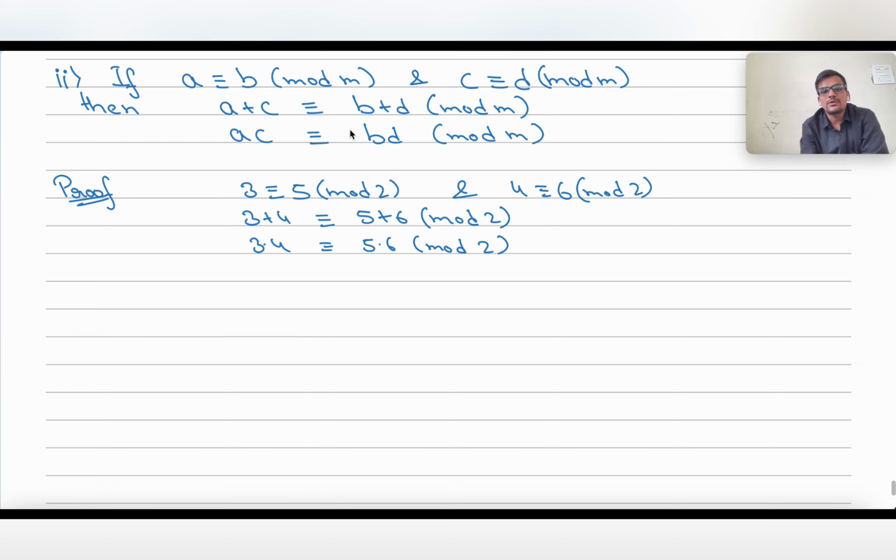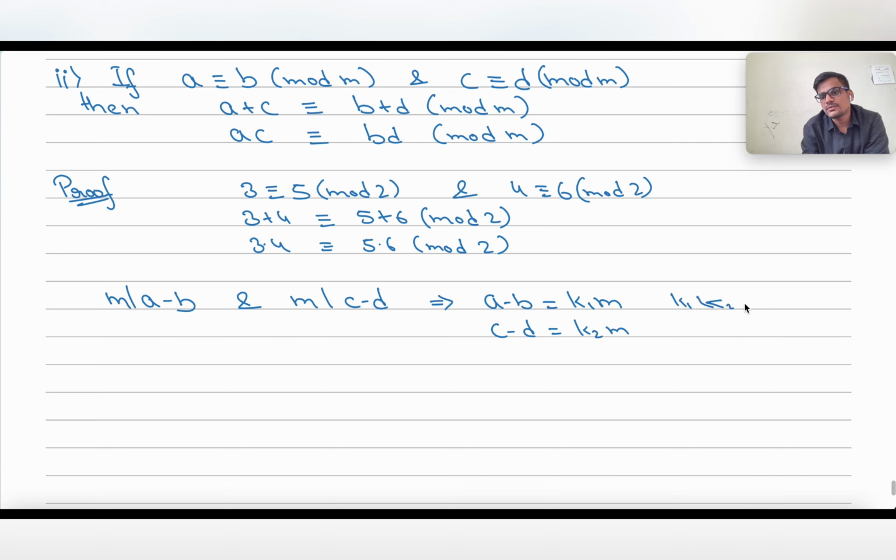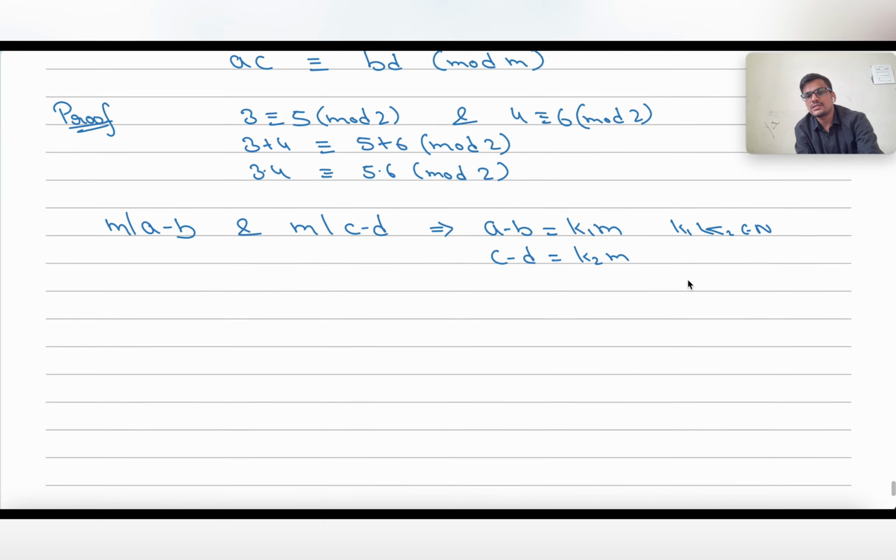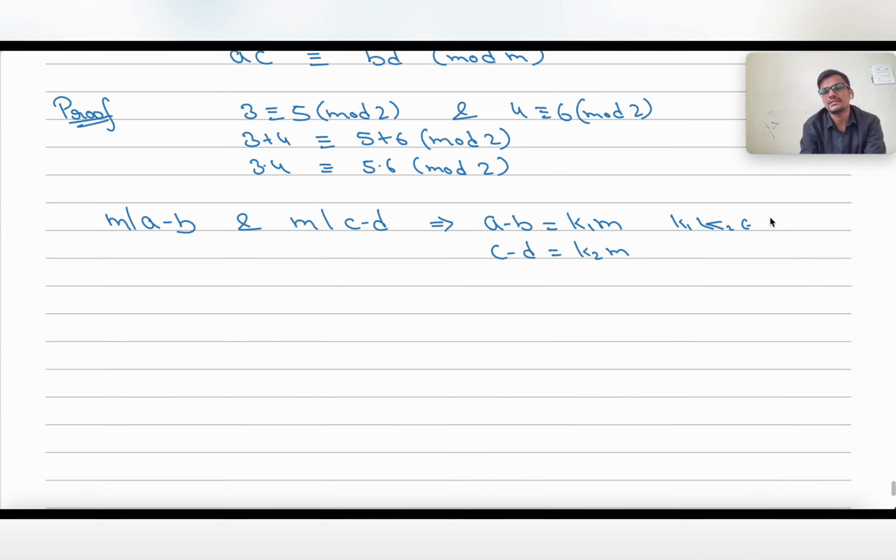We have A congruent to B modulo M and C congruent to D modulo M. So we can write that M divides A minus B and M divides C minus D. That is, A minus B is of the form k1 M and C minus D is of the form k2 M, where k1 and k2 belong to the integers. Now what do we need to prove?